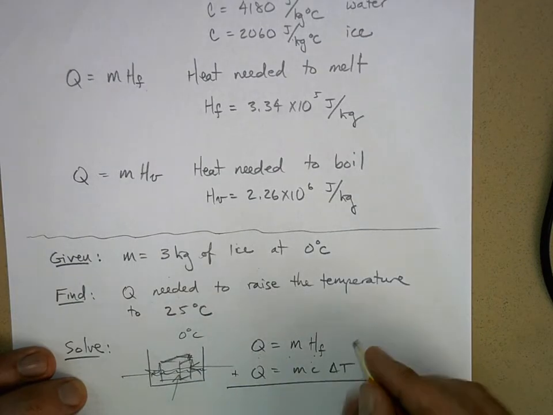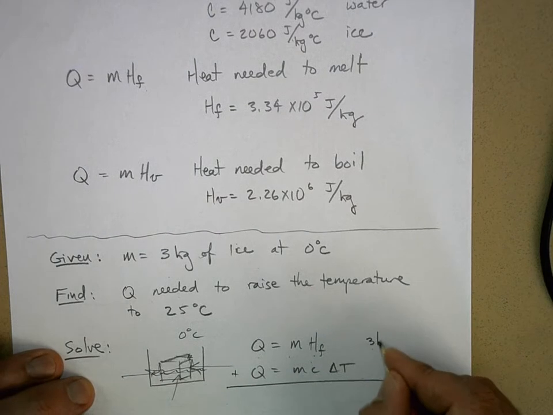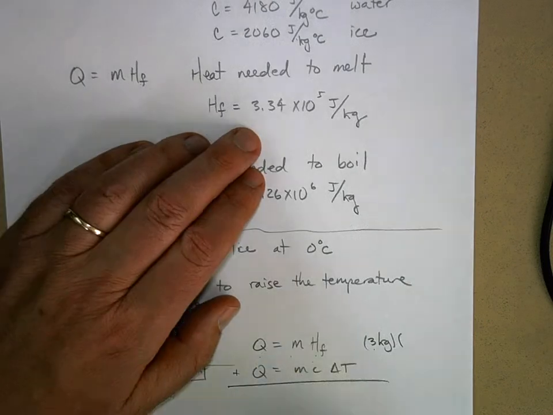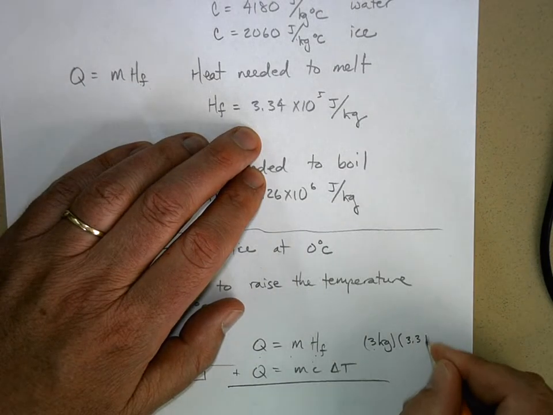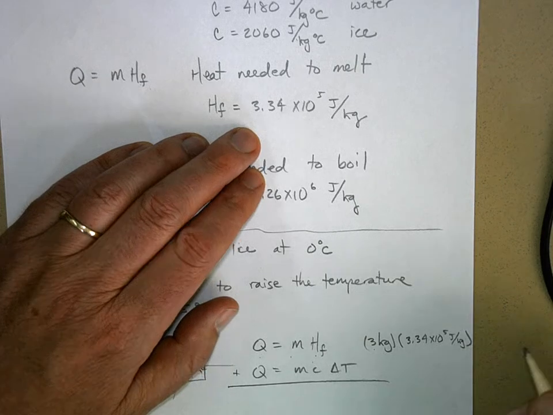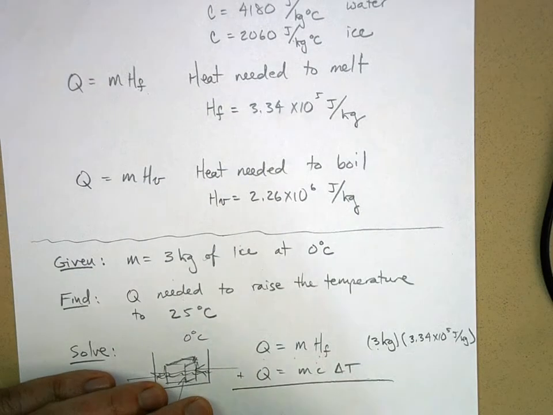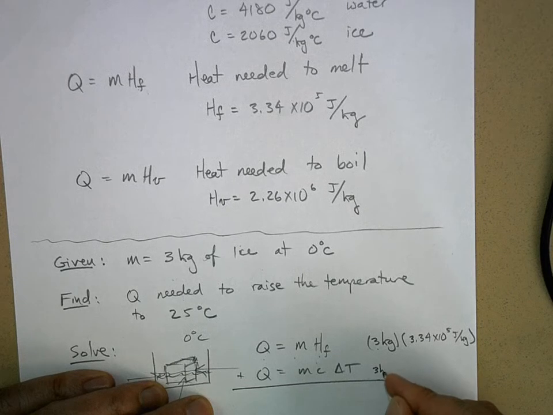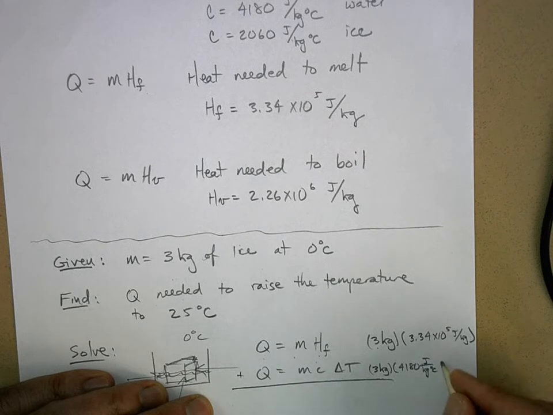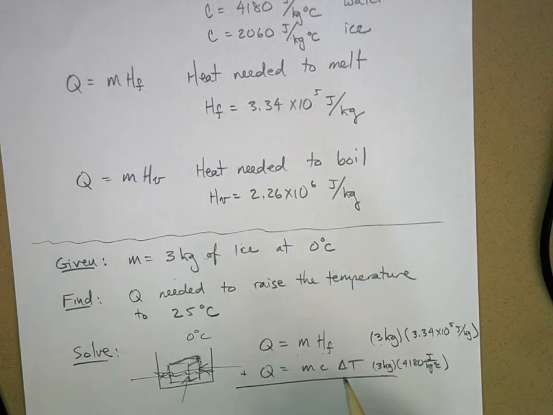So this is 3 kilograms. And what's the heat of fusion? Then we have to raise the temperature. That's m c delta T. And what is delta T? Well, it's going to go from 0 degrees Celsius to 25. So 25 minus 0 is 25.